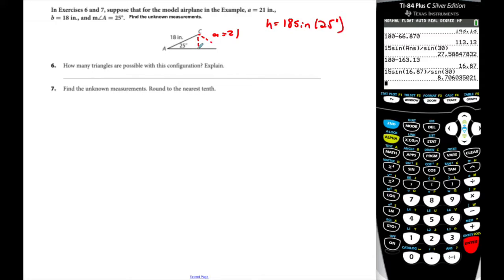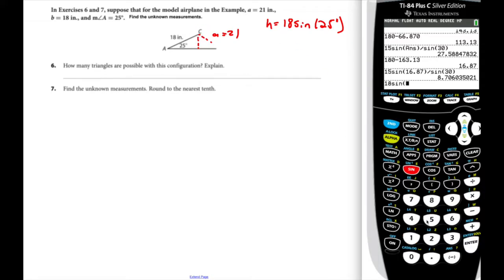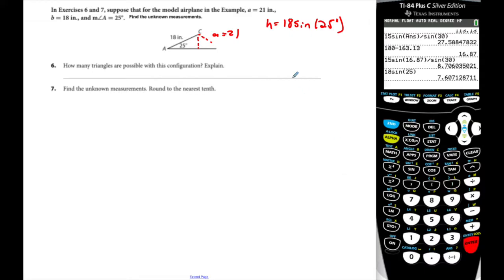Okay, and that's because sine of 25 equals height over 18. So we'll try that. 18 sine 25. So we have a height of about 7.6.